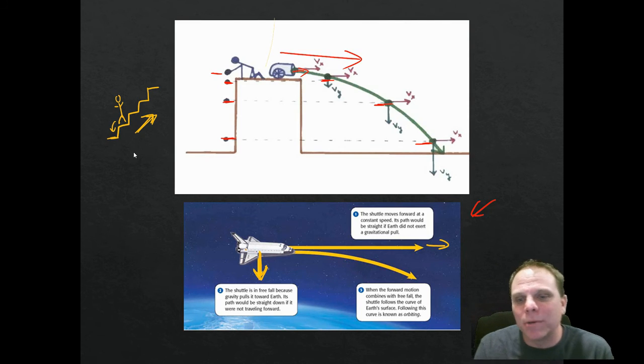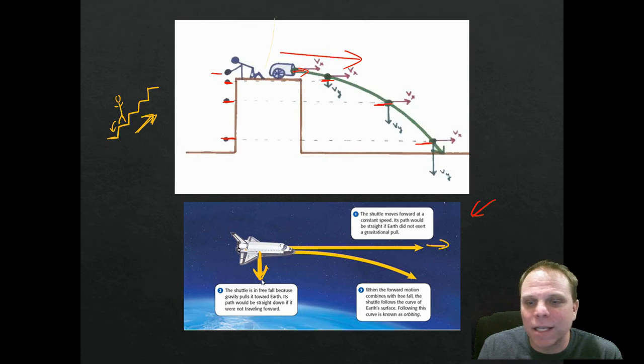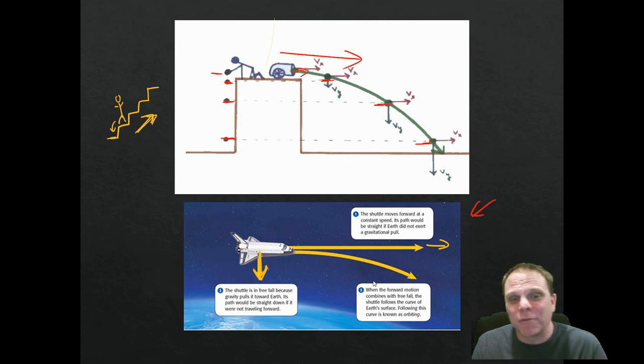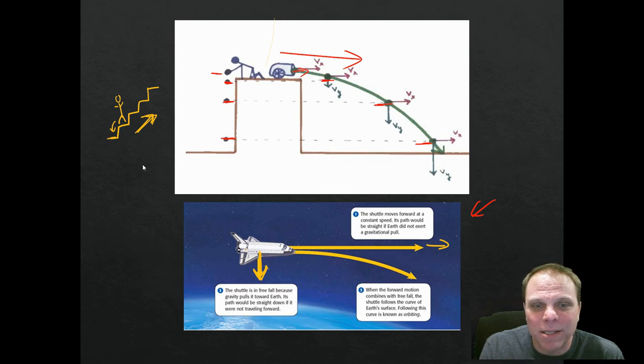And that's what's happening here with the space shuttle. The space shuttle continues to fall, but because the Earth is just disappearing out from underneath it, right? Imagine the Earth now, and it's spinning around. The Earth is spinning, and I'm falling down, but because the Earth continues to spin and I'm also moving in this direction, I just keep going and I keep falling forever.